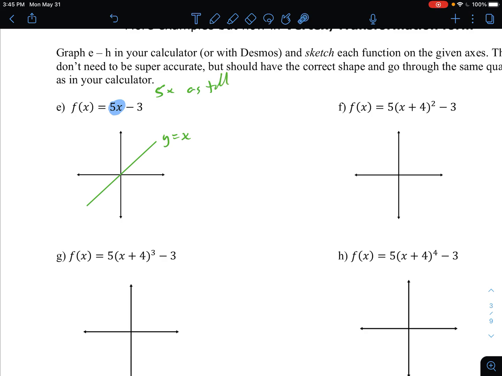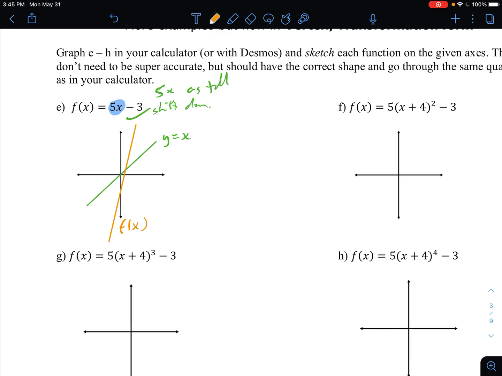And the -3 shifts it down by 3 units. So our graph would be something that's steeper but shifted down, something like so. The y-intercept is lower, but this graph is much steeper. So here would be our graph of f of x, something like so.